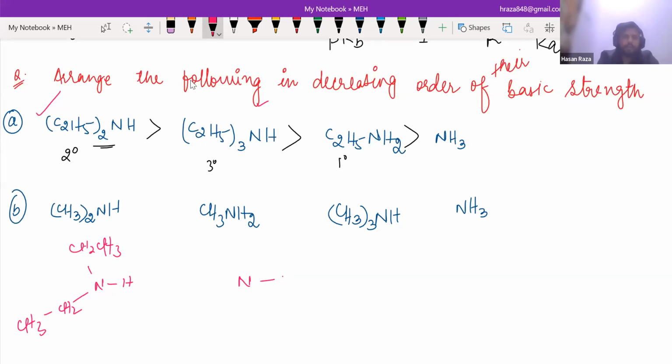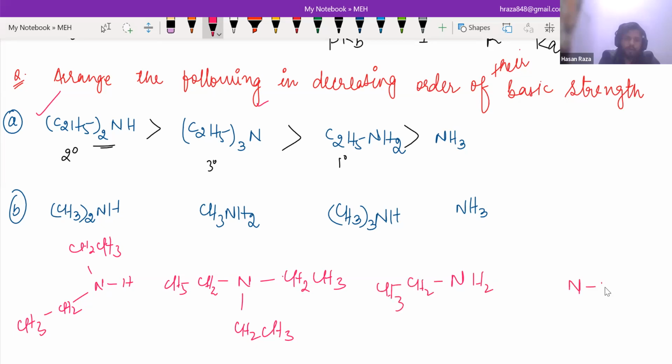In secondary, there is no hydrogen in this. So here it is CH2 CH3, and then CH2 CH3, and then CH2 CH3. Then comes this N, which has two hydrogens, and then C2H5. That means CH2 CH3. And if you are going through this, you can see NH3.